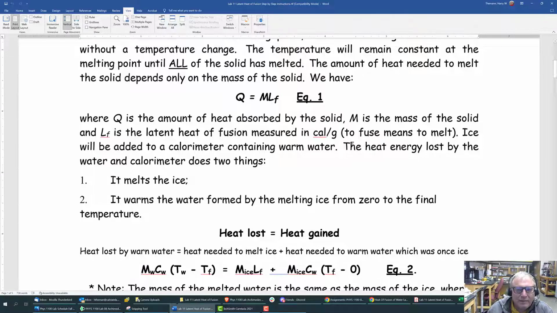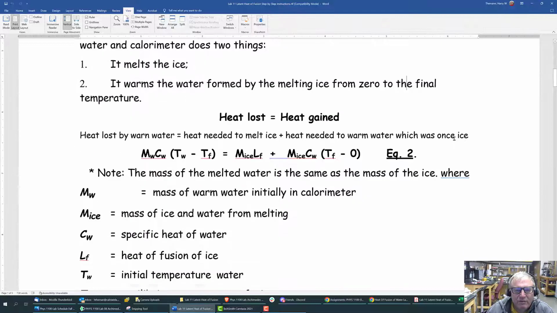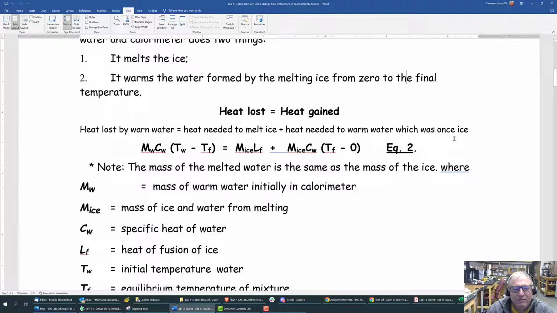So when the ice melts, it absorbs energy to melt, and that means that the water gets cooler. I said that already. I'm repeating myself. Sorry. So the ice absorbs the heat gained, and there's heat lost by the water.